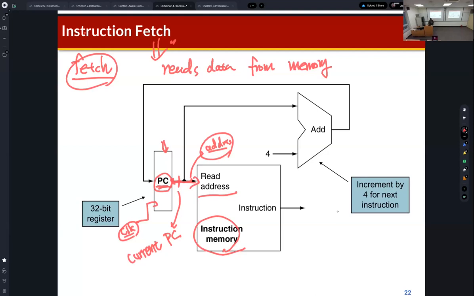Which means that the memory has many data elements. It is similar to an array, and the data is indexed by address. So if this address is given to the instruction memory, then we can read the instruction. So this is the instruction fetch.